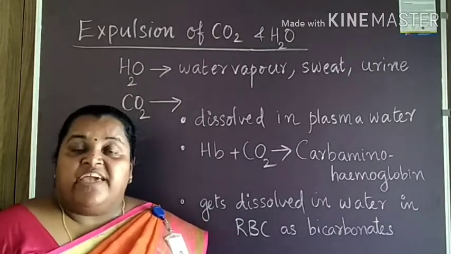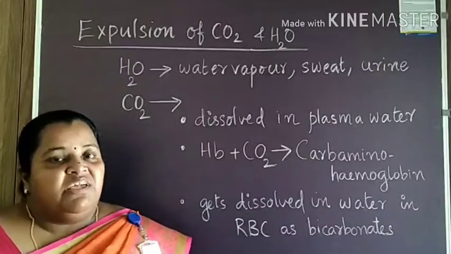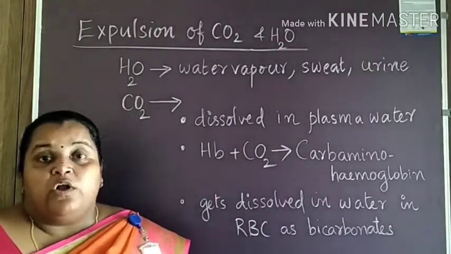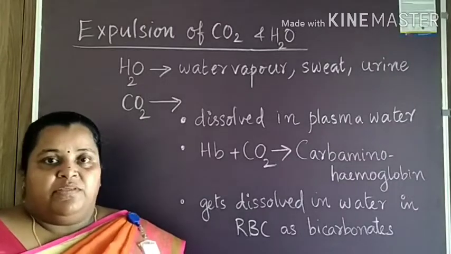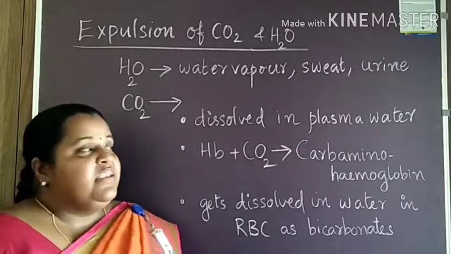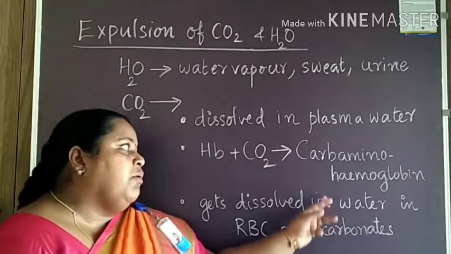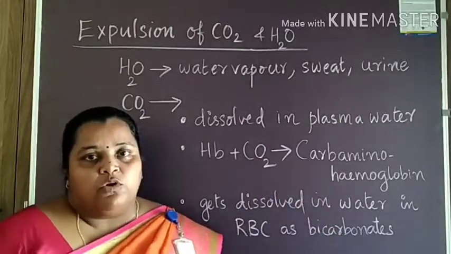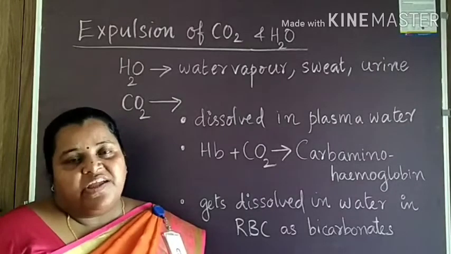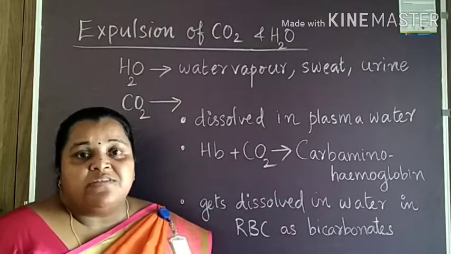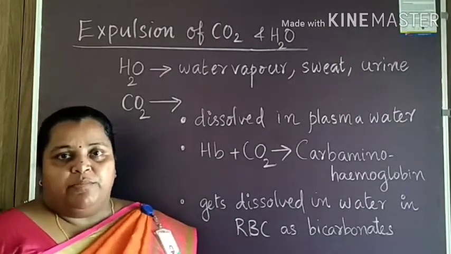Carbon dioxide is expelled from our body in three ways. First, it gets dissolved in the plasma water. Second, it combines with hemoglobin to form a compound known as carbaminohemoglobin.